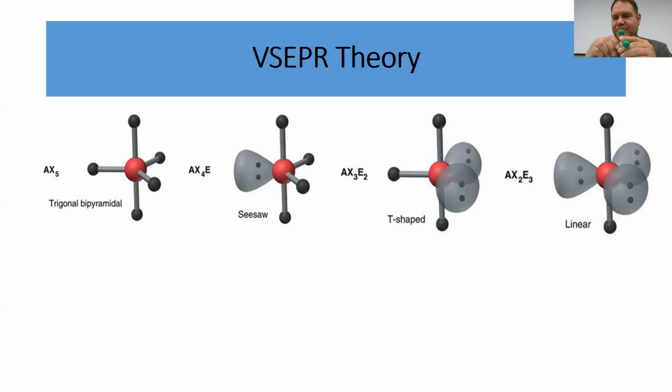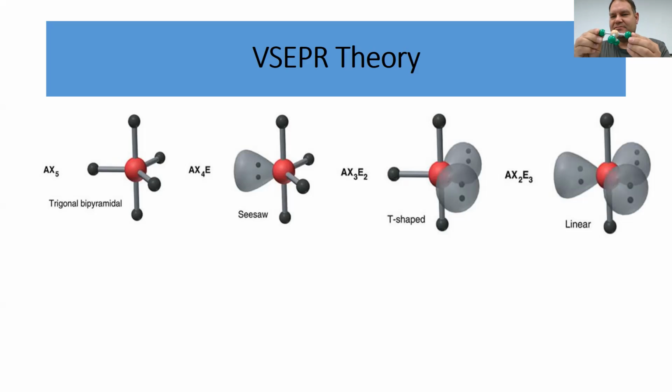Now if I take one of these off, now I have a seesaw. And right here is our lone pair, sticking out right here. And so it creates this seesaw shape. I like to think of a teeter-totter almost, where you have two legs out here and then holding up this section here, kind of creating the seesaw.